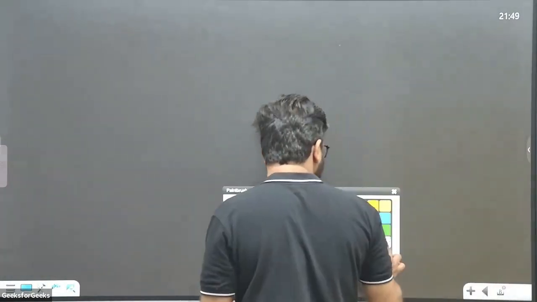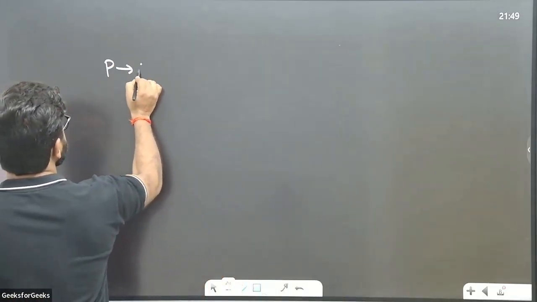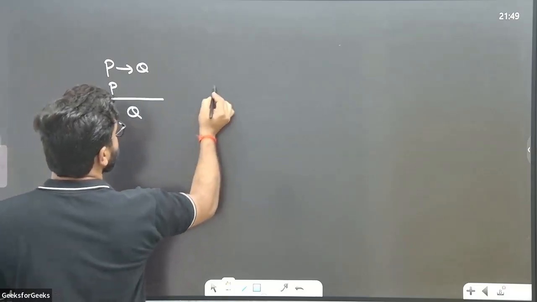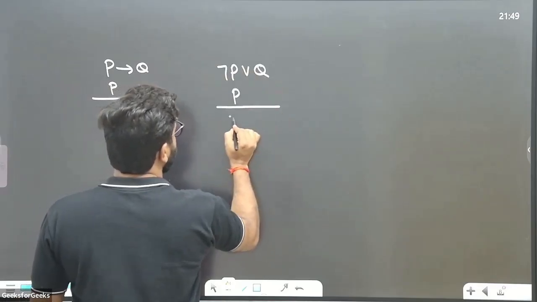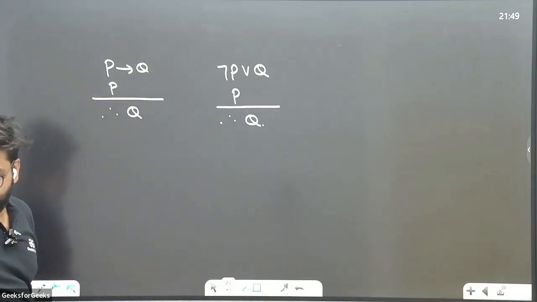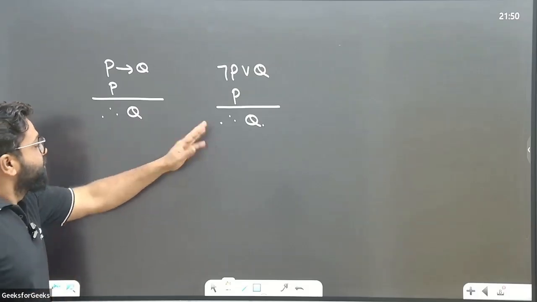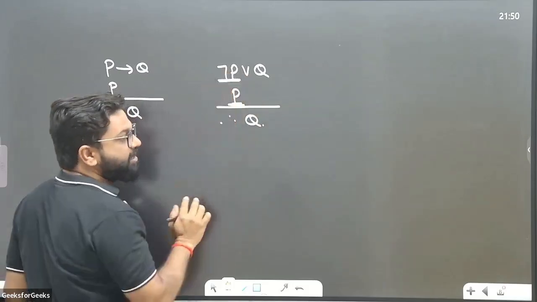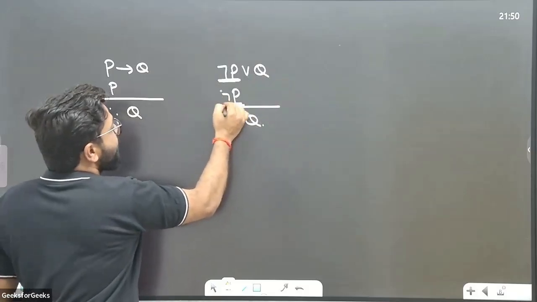Okay, I'll show you one beauty of the Gods rule. See, this is P implies Q, and this is P, therefore Q. Use that rule and you get negation of P or Q, and then P, and therefore Q. Can I write like this? One is positive, one is negative. Whatever you are writing here must be the negation of that, but it is already the negation of P. So can I write like this?